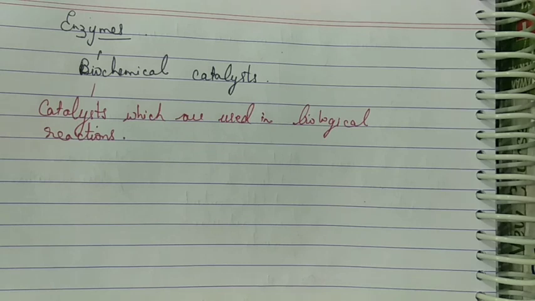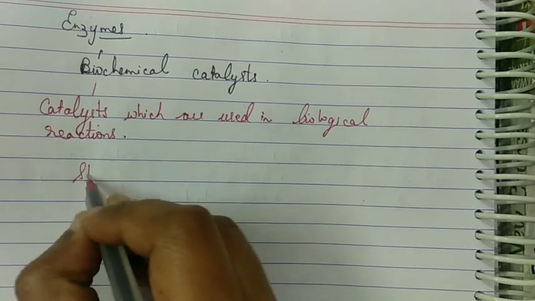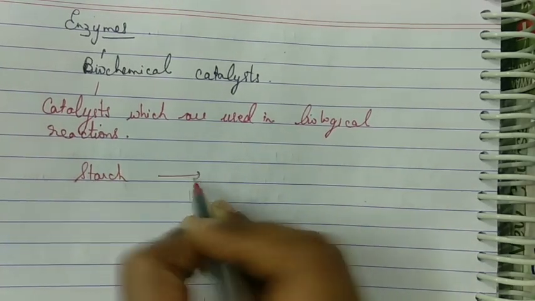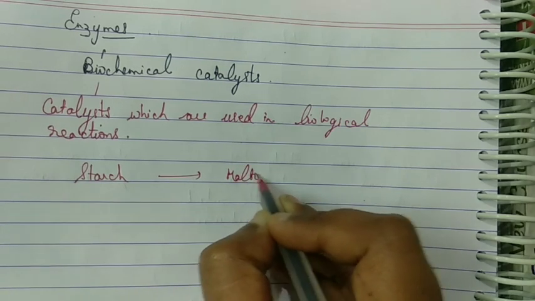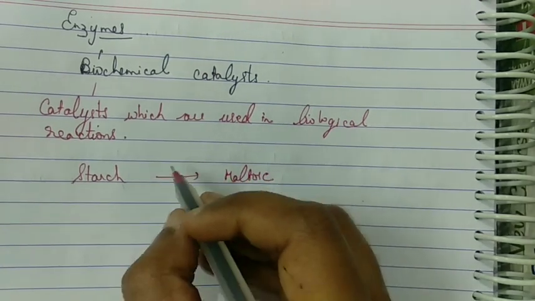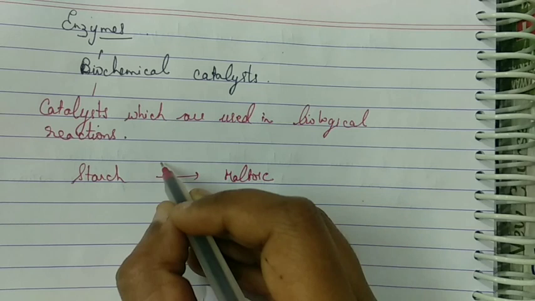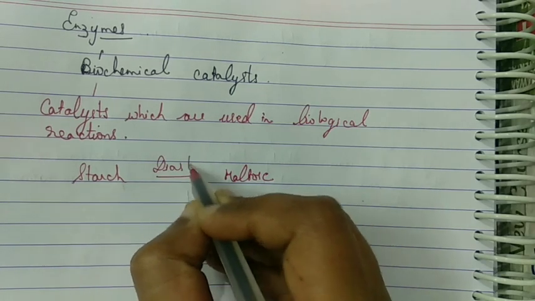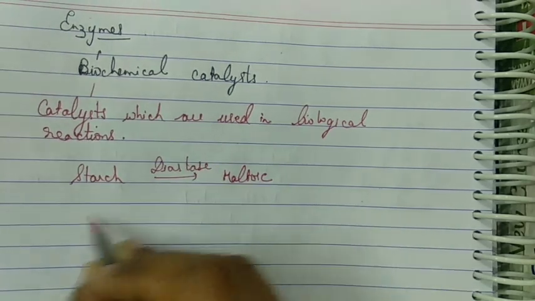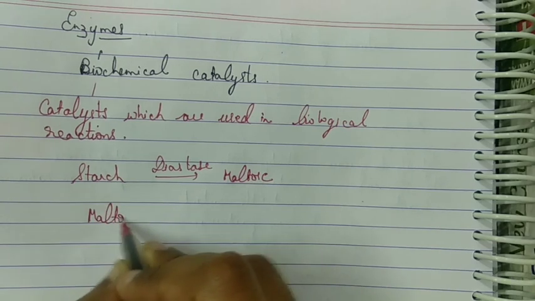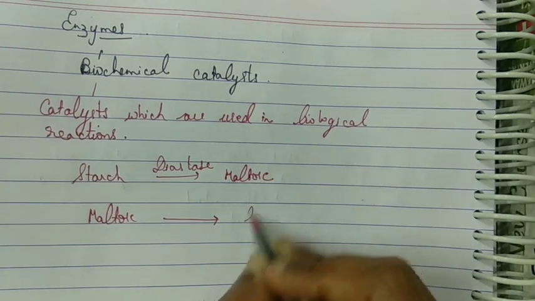There are many examples. Diastase is used for the conversion of starch into maltose. Maltase is used for the conversion of maltose into glucose.